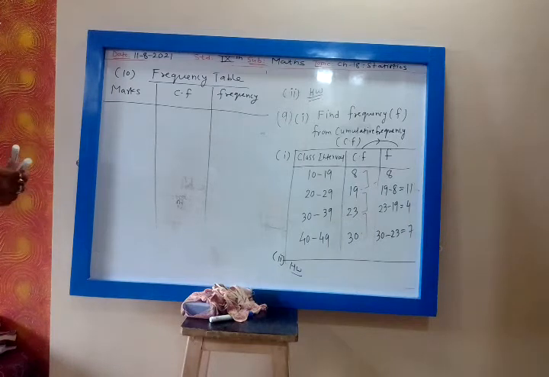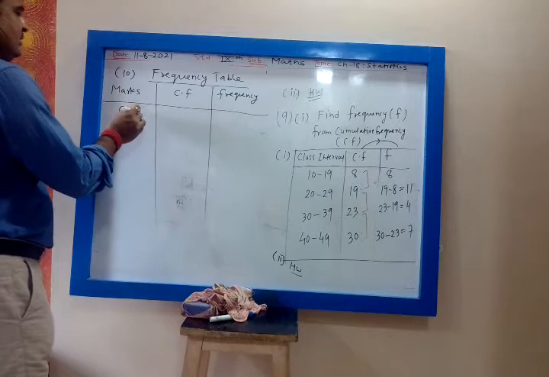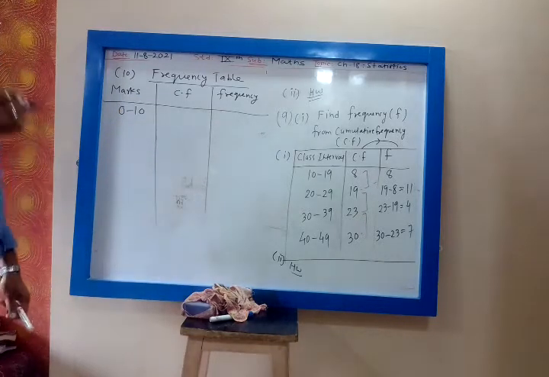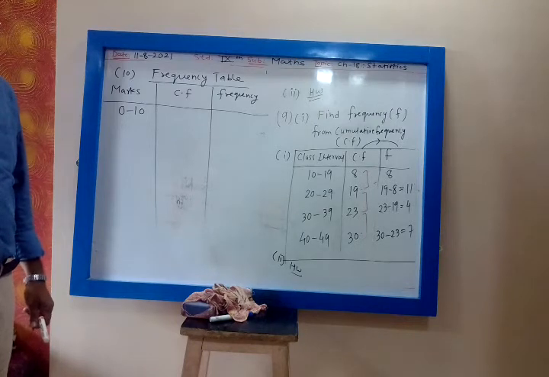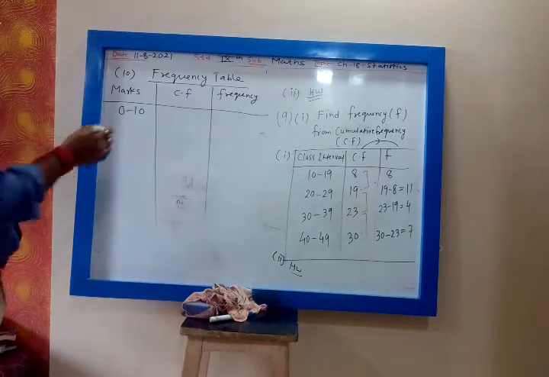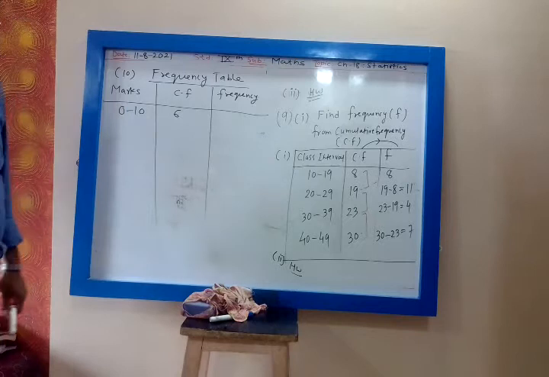So less than 10, what will be the class interval? Yes, 0 to 10. Whenever it is less than 10, you are not given the frequency, you are given the value of CF, cumulative frequency. So what is given? That 6. CF is 6 because it is less than marks.